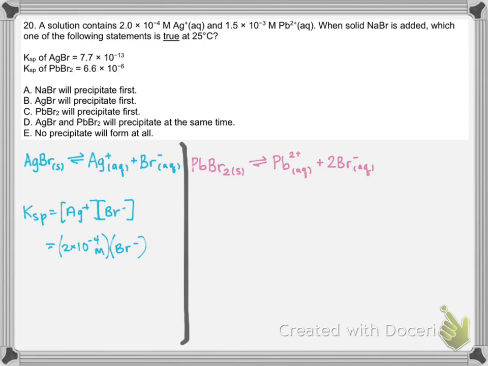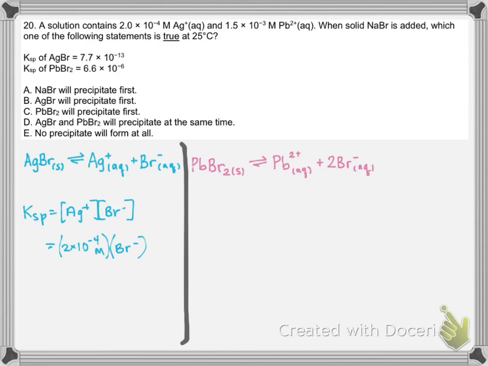for both of these, and whichever number is smallest is saying I need less bromide to be added to get my solid to precipitate. And that's the one that would precipitate first, so it requires less bromide to be around, so less added in.